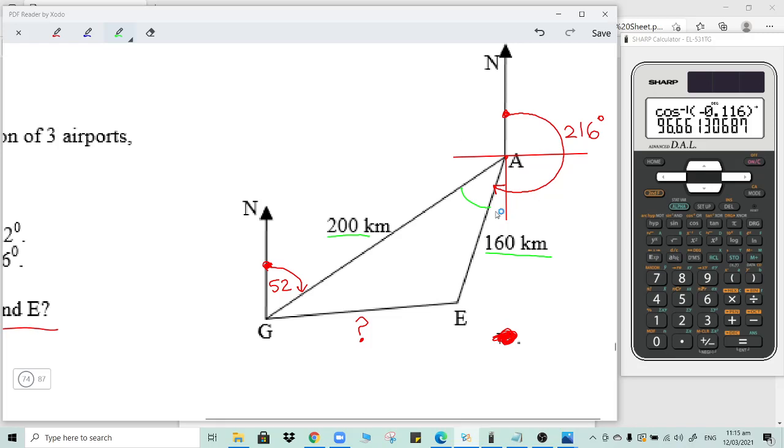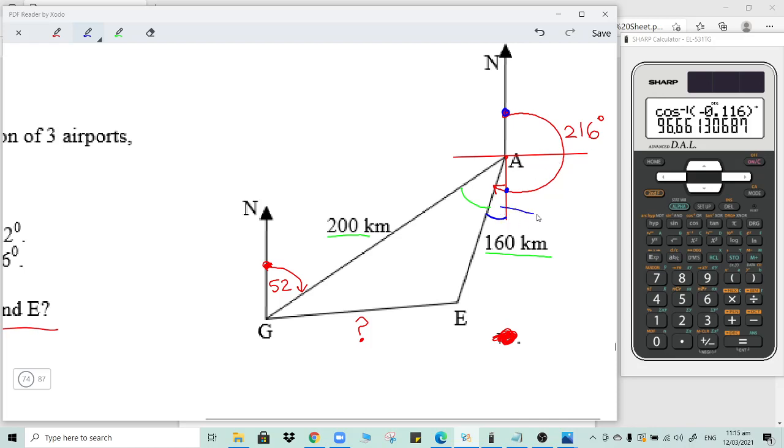Well, I believe that we can find this blue angle here very easily, because from north all the way to south is 180 degrees. But you notice this red line does not stop at 180. It continues until it reaches 216.